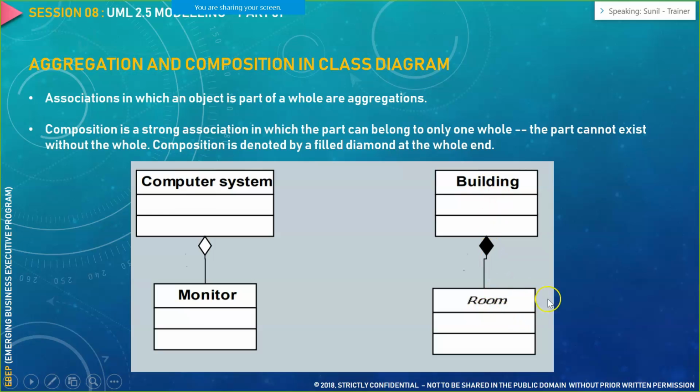Similarly, a building would have different rooms, and then only we would say a building has been completed. This is called composition in a particular class context. A particular class won't exist until and unless all its associated classes are present. For example, in this case, a CPU or a monitor or keyboard or mouse. Without all of these, you cannot have a computer system in place. So this is nothing but your composition.